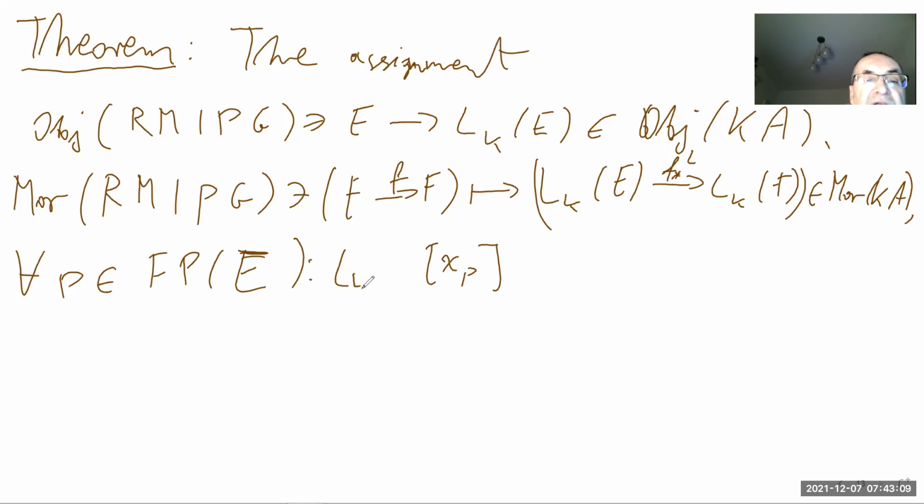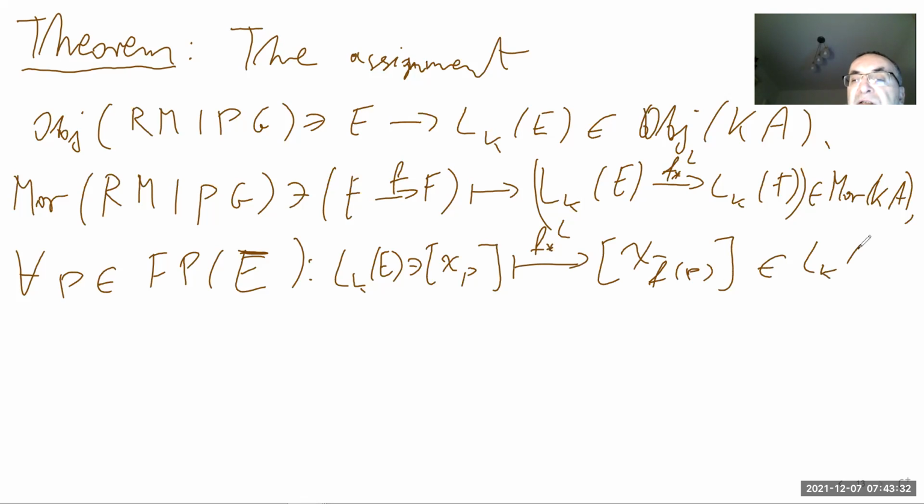So this is now an element of L. And I map it by this F star L to the class of chi of F star of P, which is now an element in the Leavitt path algebra. Of course, you have to prove it is well defined. But the claim is that it's not only well defined, but defines a covariant functor.